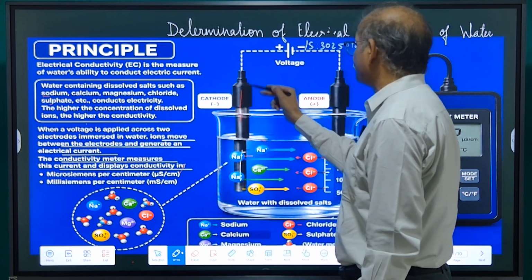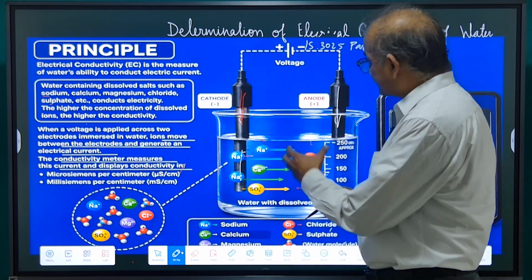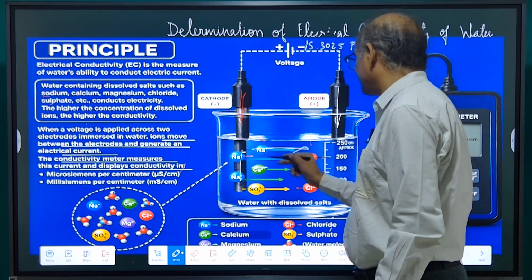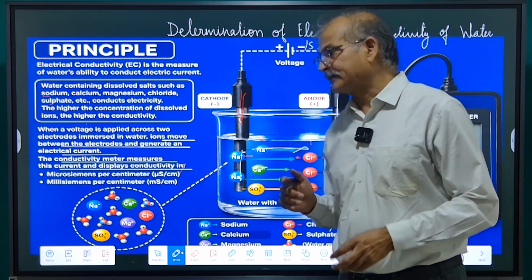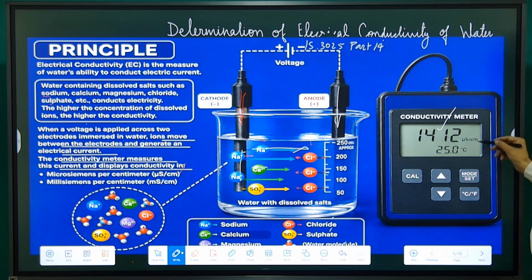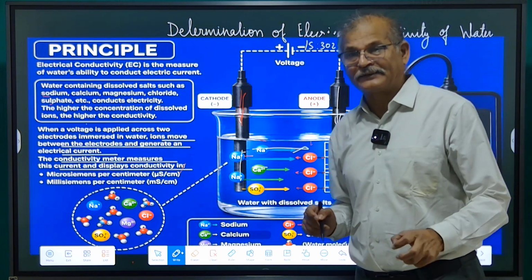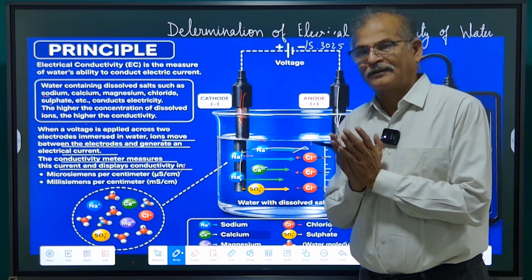When a voltage is applied to the electrodes immersed in the water, ions move and generate the current. This current is measured by the conductivity meter and displayed in microsiemens per centimeter or millisiemens per centimeter. So this is how the principle of electrical conductivity works.